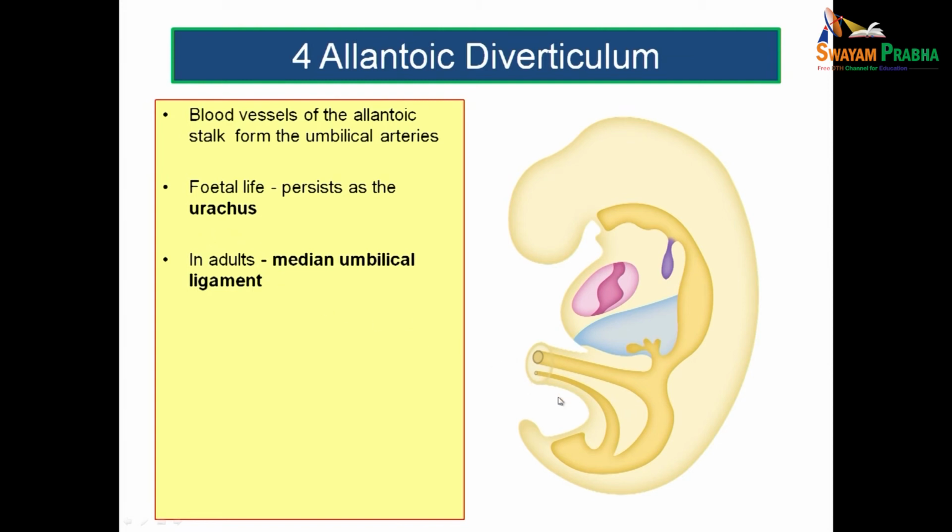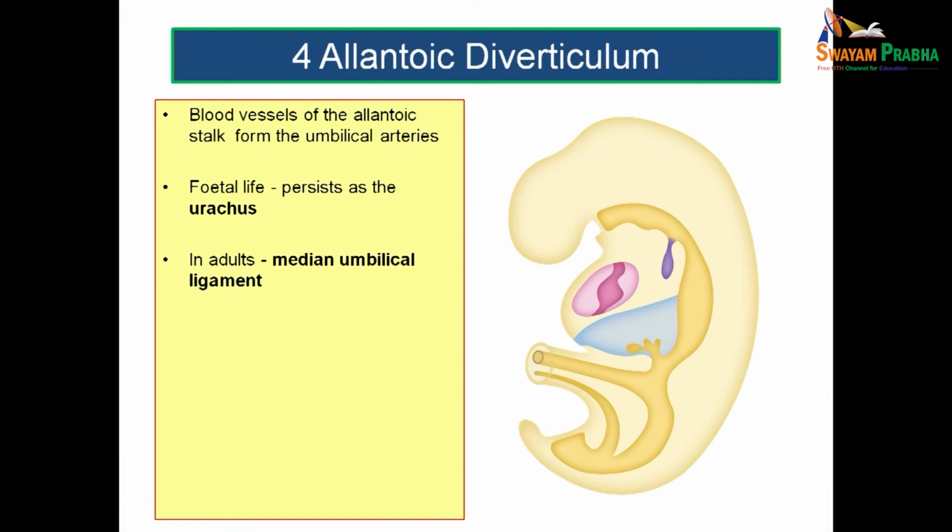So, the remnant of the allantoic diverticulum in fetal life, you call it as urachus, but again after birth, this urachus will be converted into the median umbilical ligament, that is the ligament lying in the midline. There is only one ligament, so it is known as the median umbilical ligament. So, the allantois in the late fetal period, the remnant is known as urachus, and once the child is born, this will be converted into the median umbilical ligament.